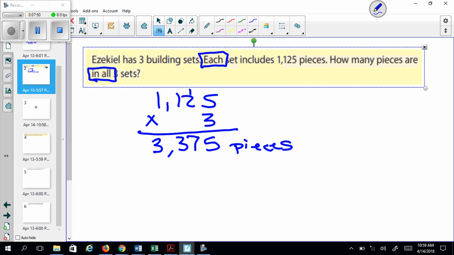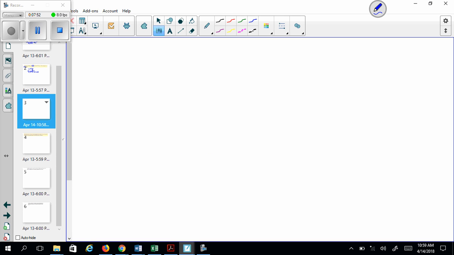Now what we're going to do is take a look at double-digit multiplication. So if you have a number like 15 times 24, again, you can use area model or you can use place value. Now our area model here is going to be a square.